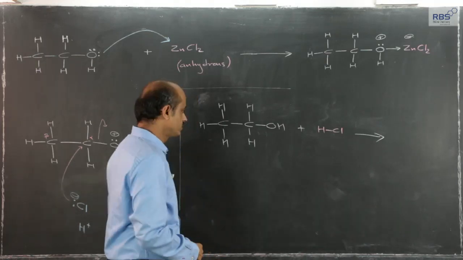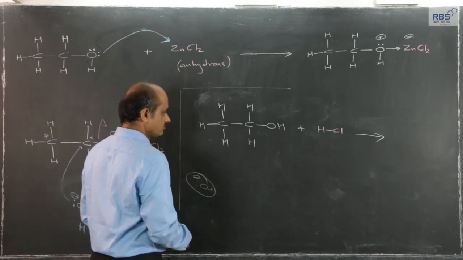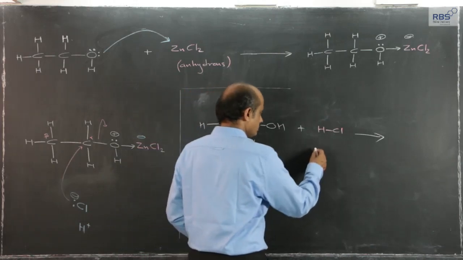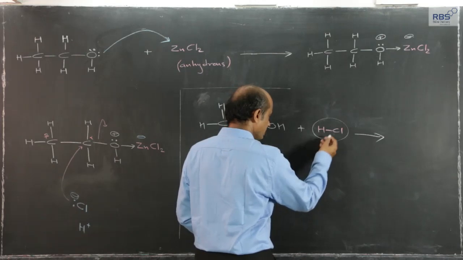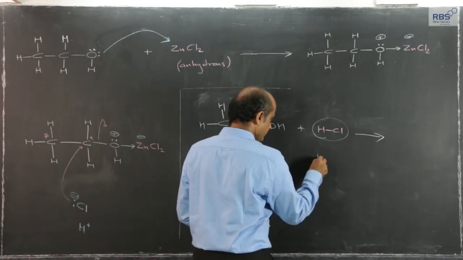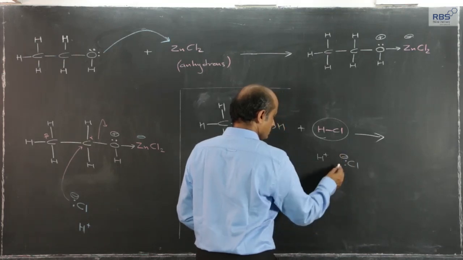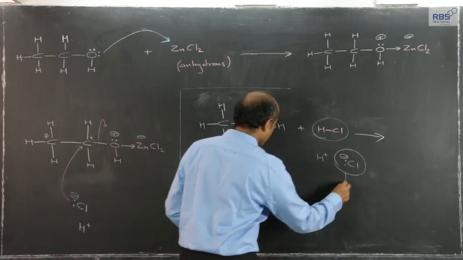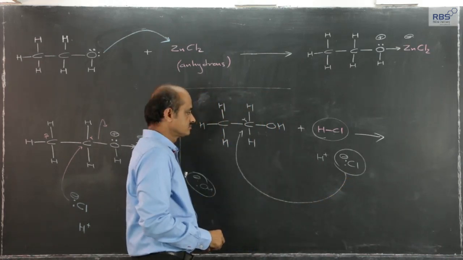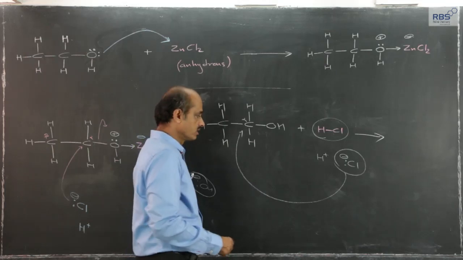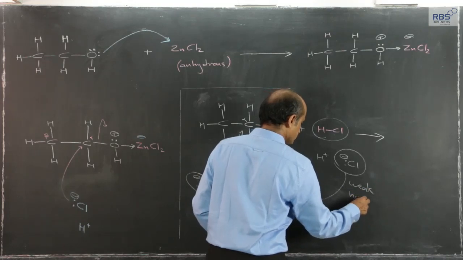But unlike the earlier step which we had considered, action of OH minus ion, this reaction is not that easy, because of heterolytic breaking of HCl giving rise to H plus and Cl minus ions, and attack of Cl minus ion on alpha carbon is not that easy, because Cl minus ion is a weak nucleophile.